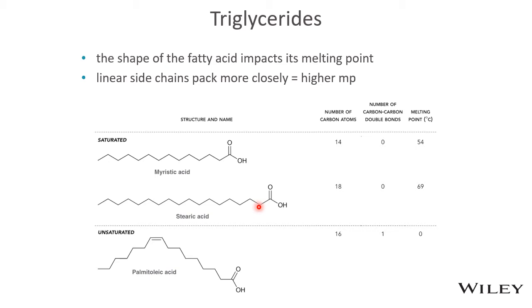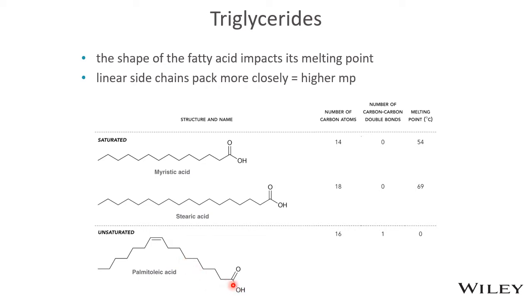Stearic acid, which has even more carbons for a total of 18, has an even higher melting point of 69 degrees Celsius. That's because this longer chain means more London dispersion force interactions, which is going to increase the melting point. Now, if we compare that to palmitoleic acid, which is unsaturated and contains a cis double bond here, this cis double bond introduces a kink into the chain and decreases the amount of interaction that this chain can have with other chains.